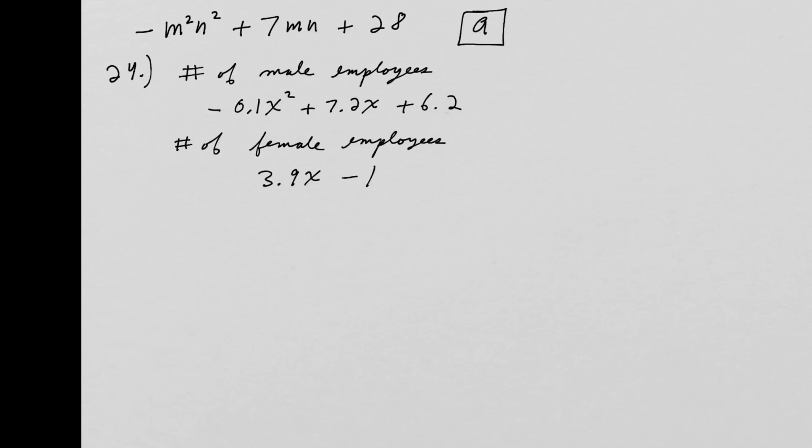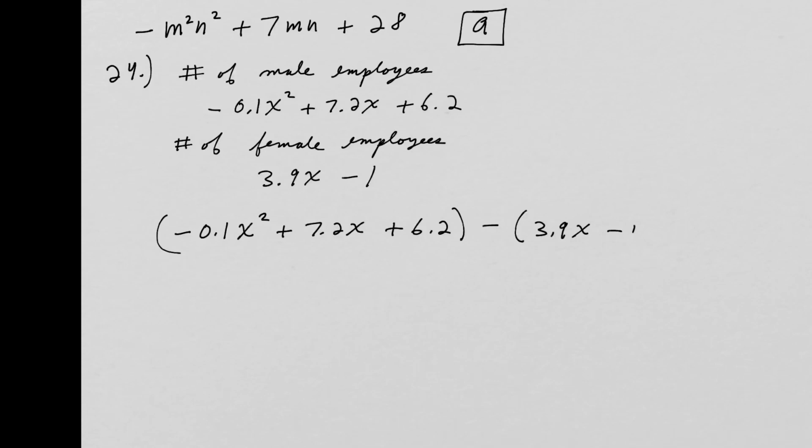So if I want to know how many more, then I want to find the difference, right? So basically what I want to do is take the number of male employees, which is represented by this polynomial, and subtract the number of female employees, which is represented by this polynomial.